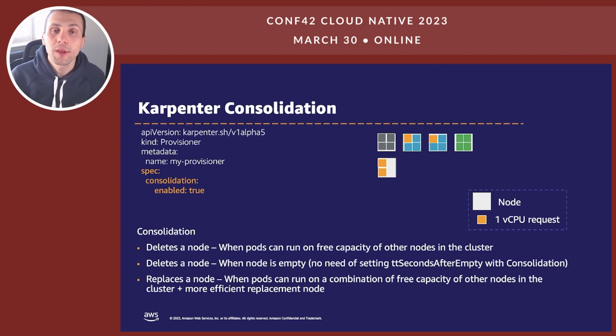So in that environment, it allows you to delete a node when pods can run on free capacity that exists in the cluster. But it can also delete a node when you don't have a lot of requirement for that big node that you have, and you can just create smaller ones like the one you saw here. That is just a replacement of a node.